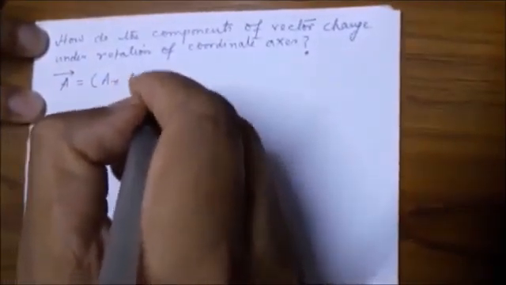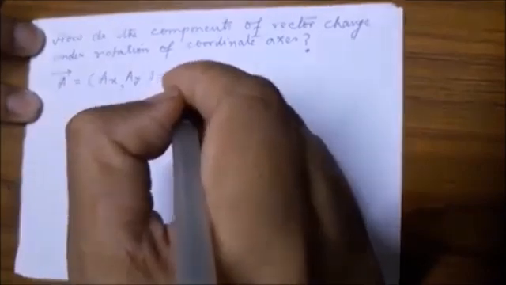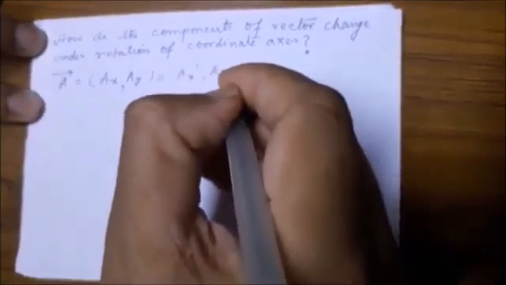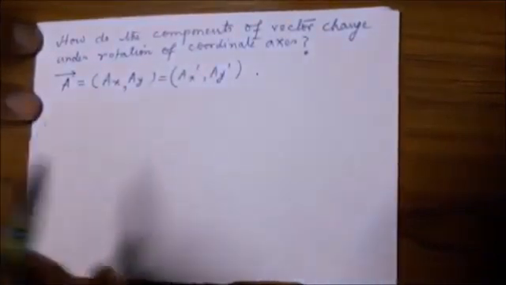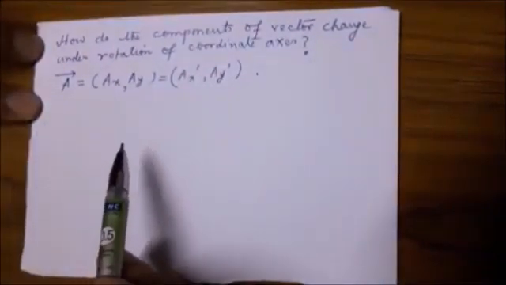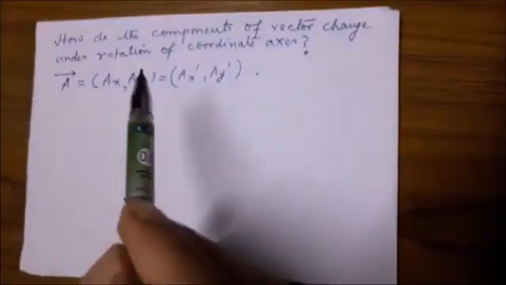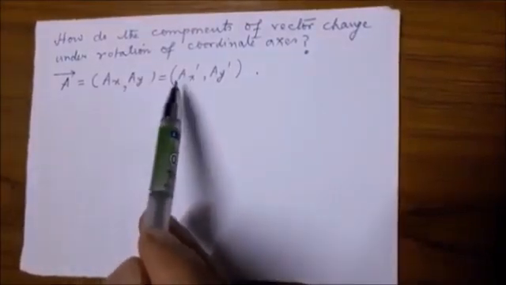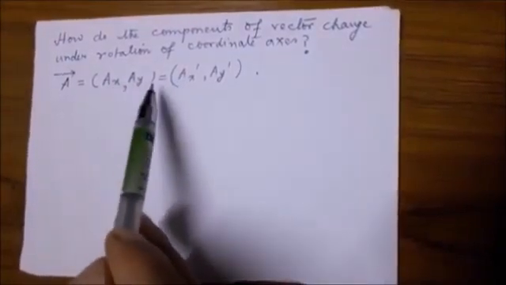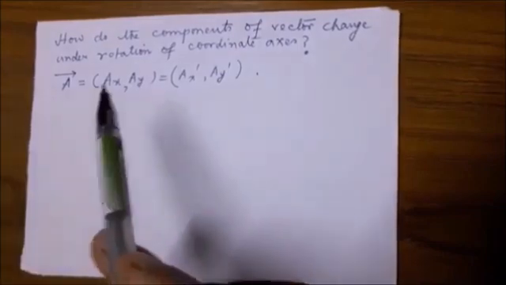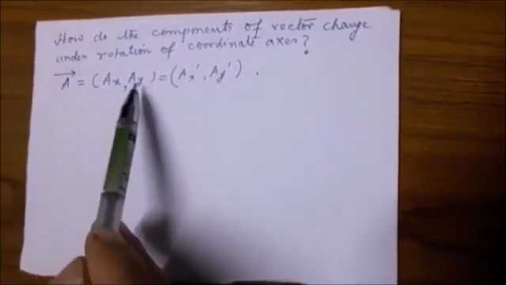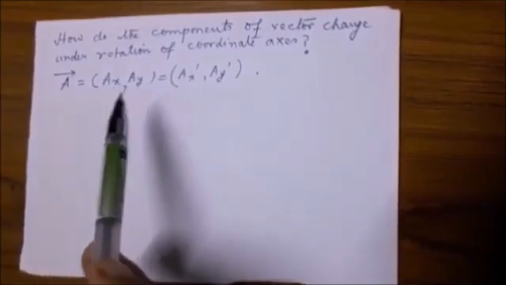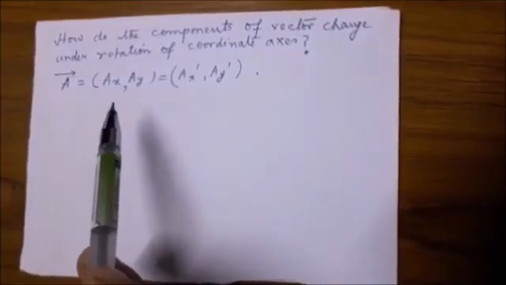So we can write, now we'll try to express AX prime in terms of AX and AY. We'll try to express AY prime in terms of AX and AY. So this is the task which we take up now.